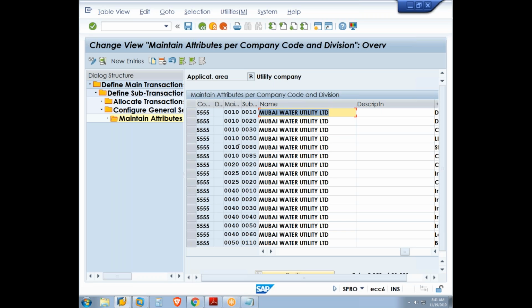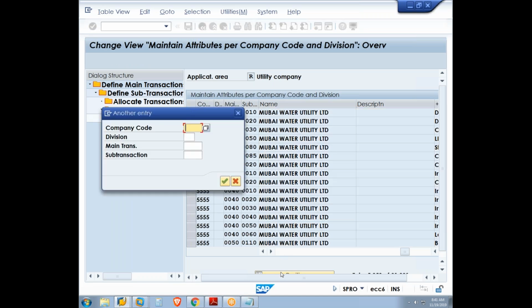Since you copied from 0001, it has copied the main transaction and sub transaction assigned to the 0001 company code. They will be required in future, that is for the process oriented posting. But right now we are doing sundry receivable, our own FICA document. The process is defined by us here, but the existing transactions' process is already defined by SAP. You can understand it that way.